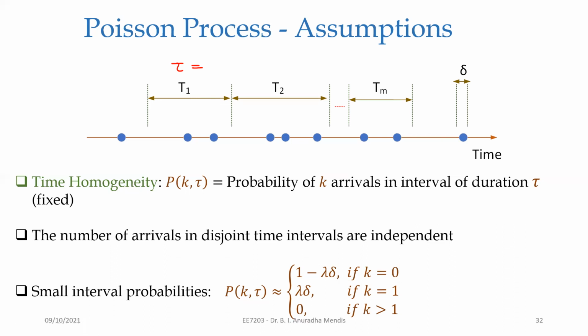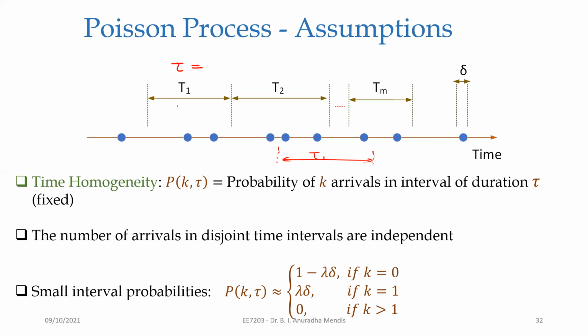And we call this Poisson process a time homogeneous process if this probability does not depend on the time duration tau. That means one duration you can take from here also, let's say t1. So what is the probability of having k arrivals during this t1 time, and what is the probability of having k arrivals during this other t1 time?